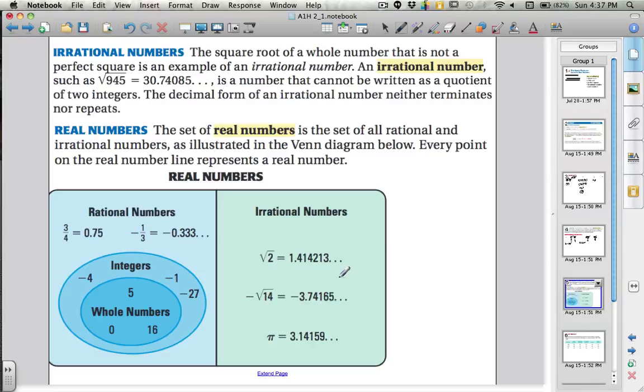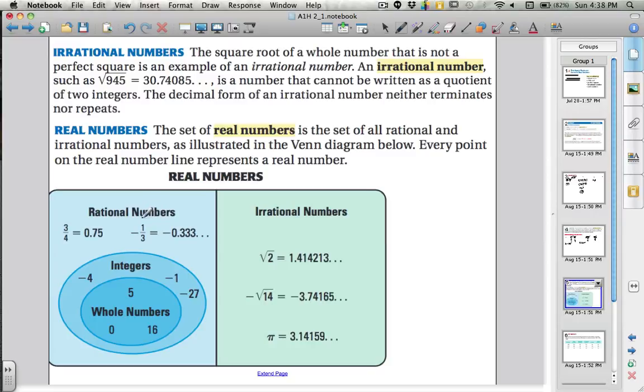Those are irrational numbers. The constant number pi is an irrational number. Euler's number, which is approximated at 2.71, is an irrational number. Okay, but these are numbers that cannot be written as a quotient of two integers.